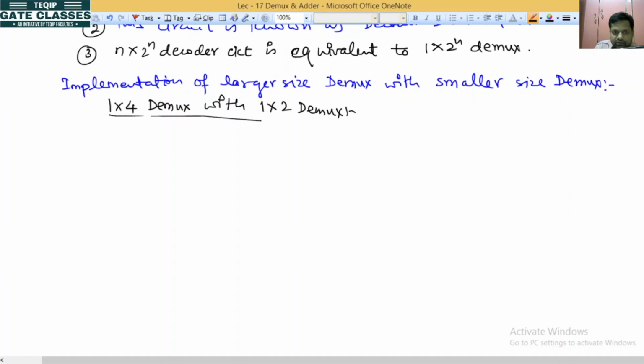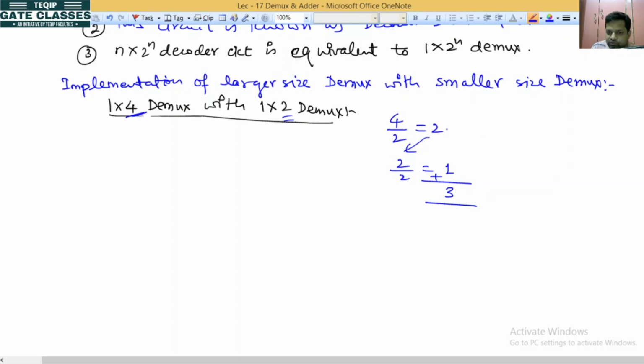Then how many 1x2 DMUX are required to implement 1x4 DMUX? You just take the number of outputs and divide it by 2. So we get 2. Now this 2 again divide by 2, so we get 1. Now add both of them, so it gives you 3. It means that 3 1x2 DMUX are required to implement 1x4 DMUX.